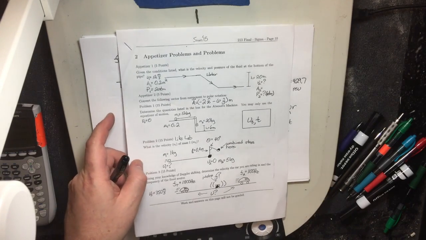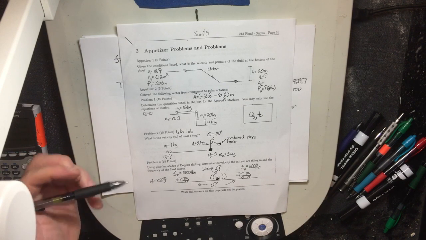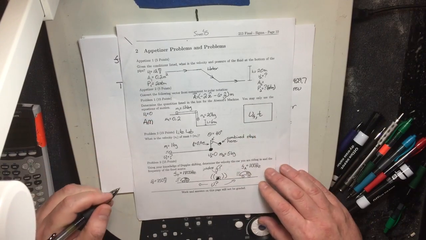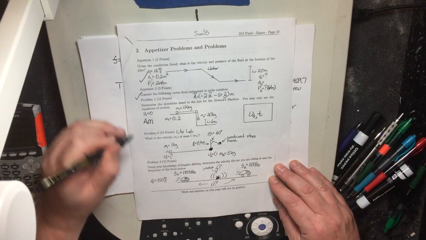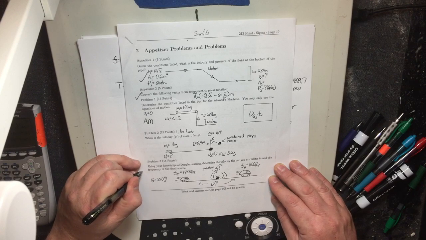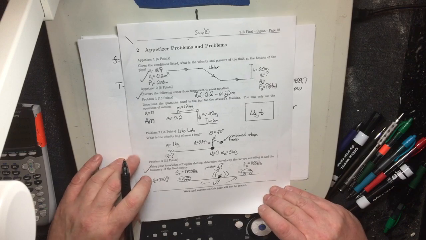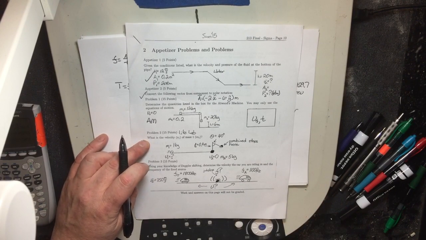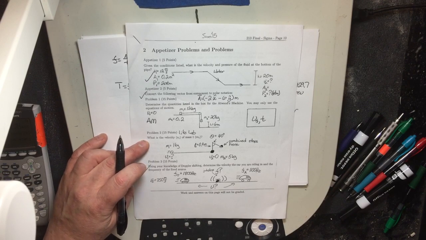But this is the summer 15 final. As you can see, there's some similarities. We did this in the morning. We've done this. We've done something like that. This was on test 3. I think we've done something like that before. No, we haven't done something like that before. We did it in the other class.